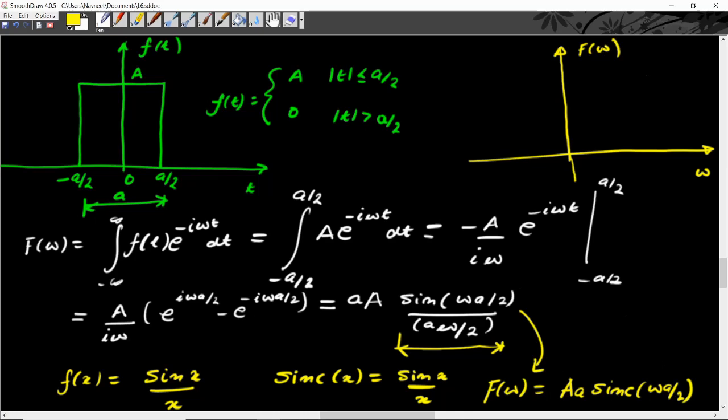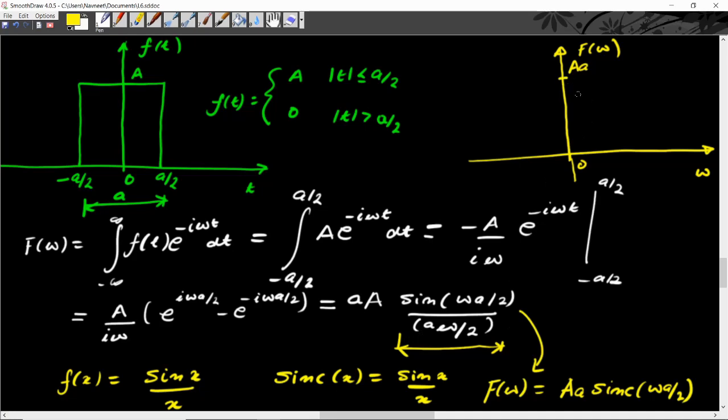So here is the plot of the Fourier transform of the rectangular pulse. First we see that the peak value is capital A times a, and then we have the sine function, but as we go away from the origin, its amplitude decreases by 1 over omega.